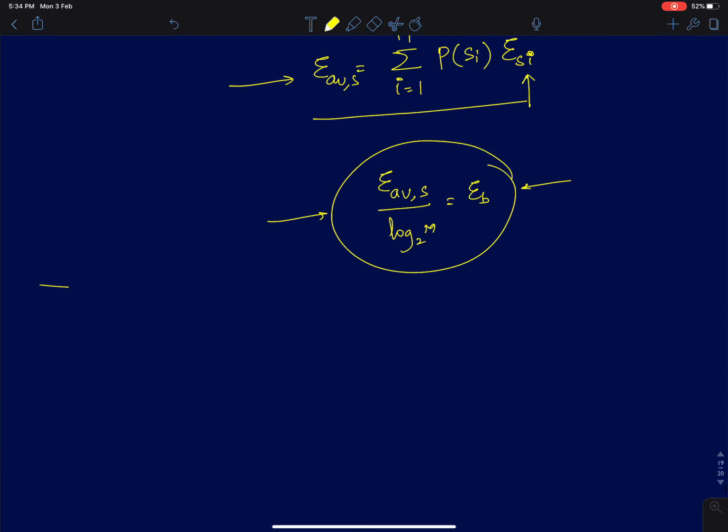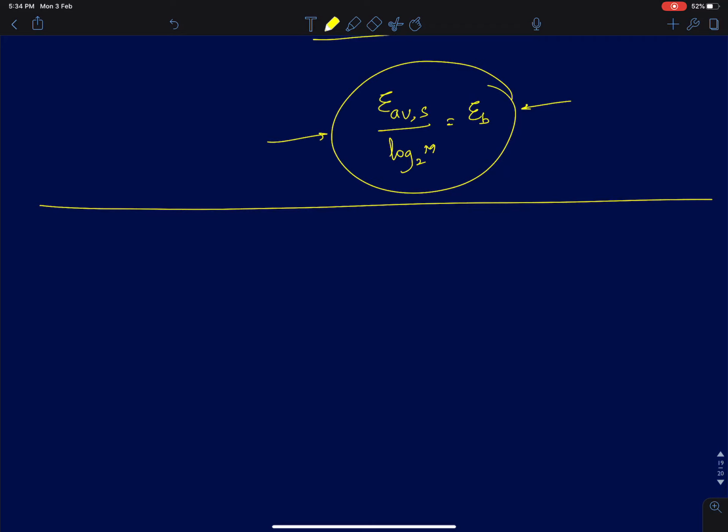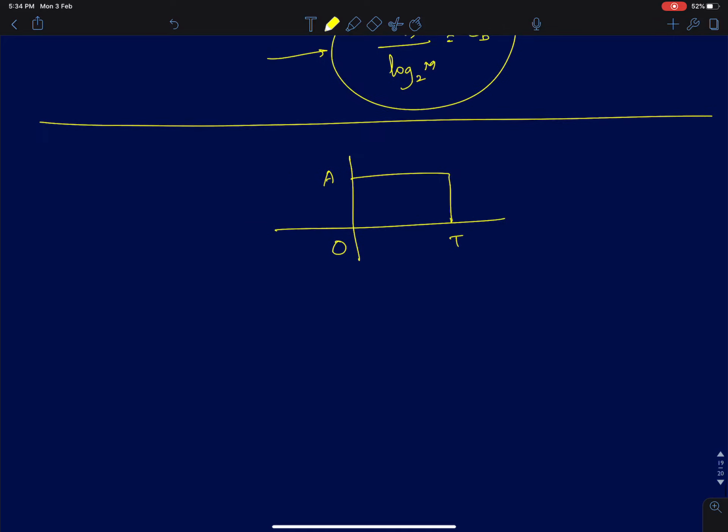The next step is, how am I going to detect the signal in the presence of noise? Now I'll draw the signal space diagram for this. We have a signal which is from 0 to T with an amplitude A, and we can very easily find psi 1 of t. I'll simply take the signal and divide it by the norm of the signal, remember.